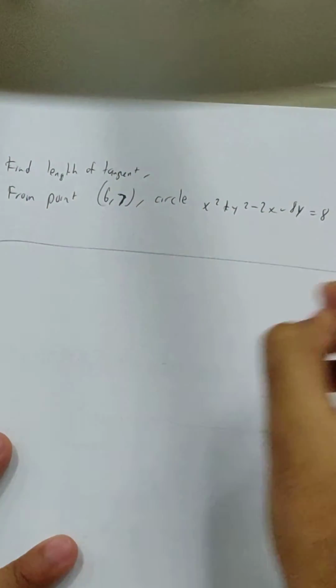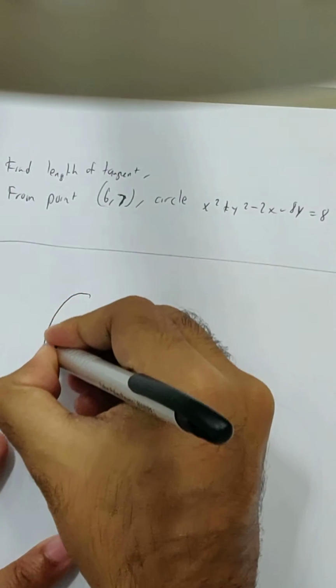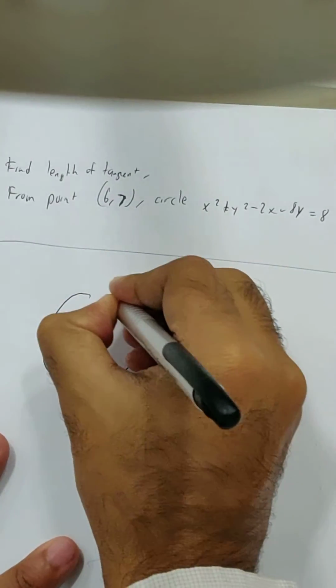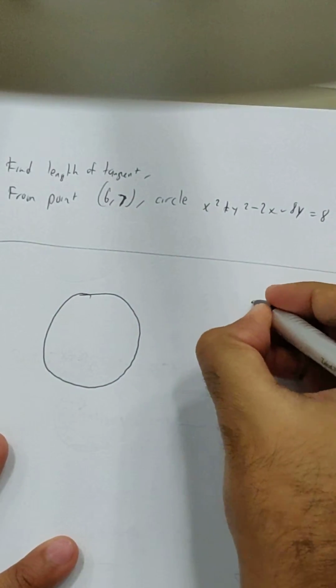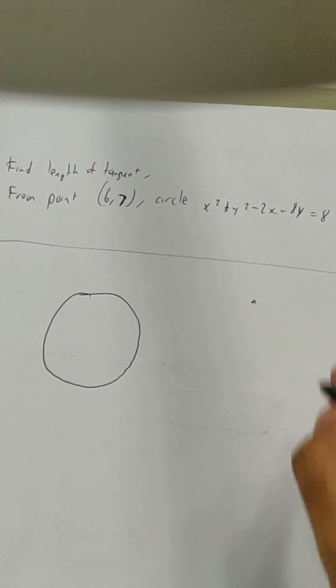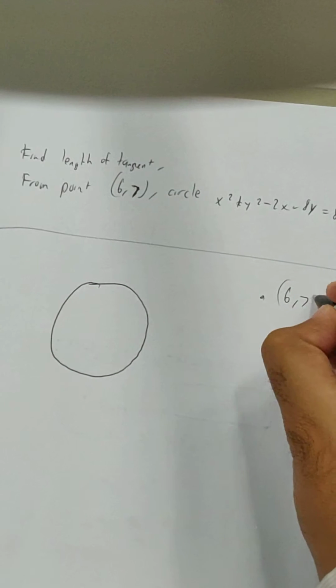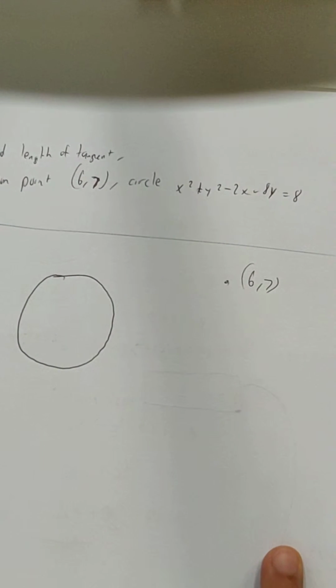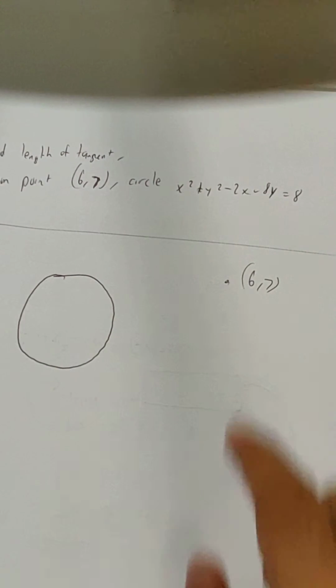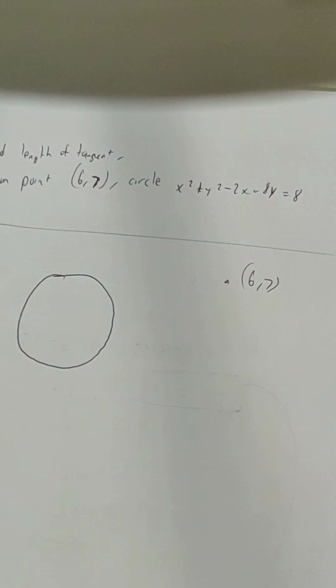Okay, let's imagine how this looks like first. So let's say this is our circle, and let's say this is the point 6, 7. Okay, what other information do I need? I need the center. Can I find the center from here?